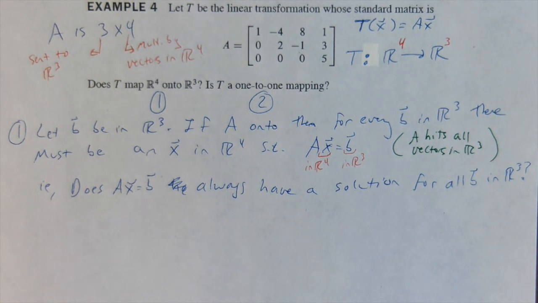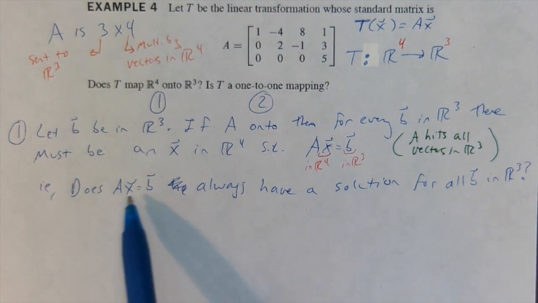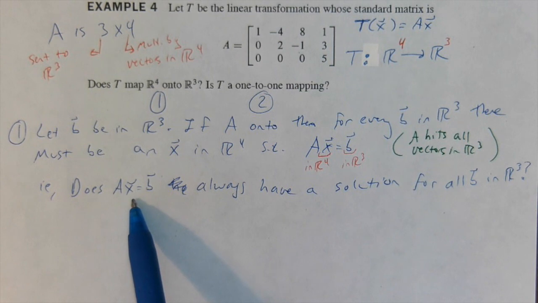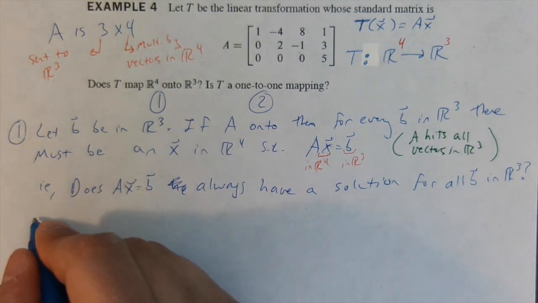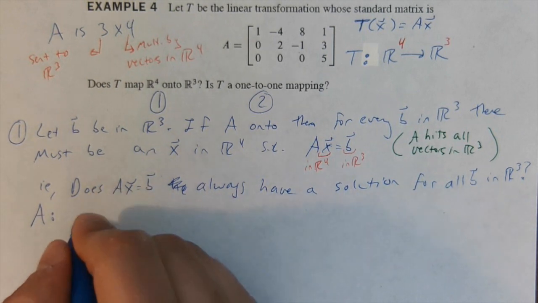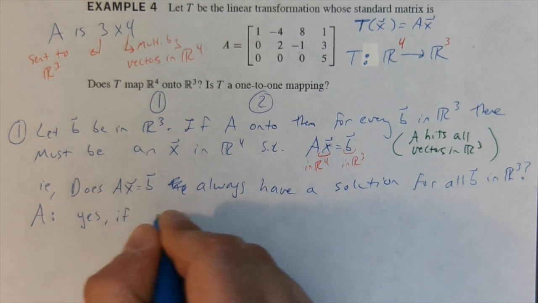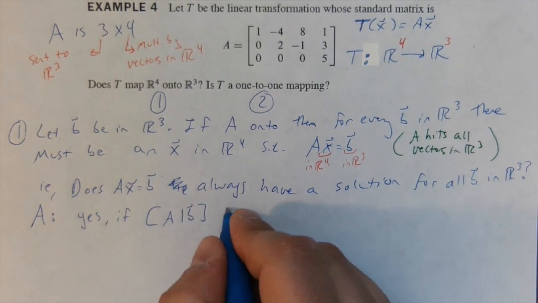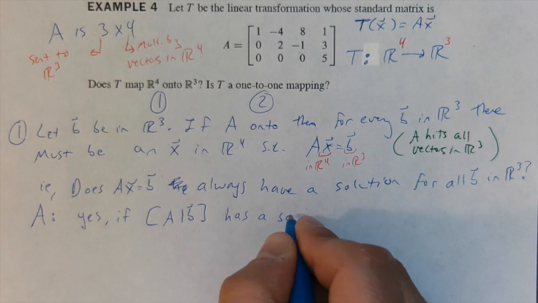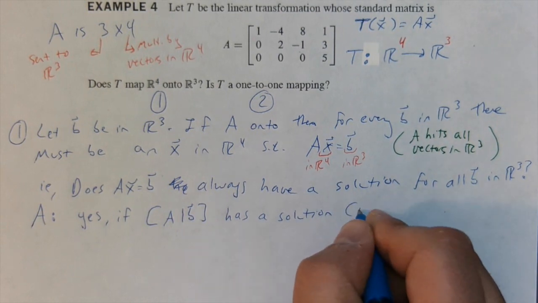If it's onto, the answer is yes. If it's not, then the answer is no. And so we know how to solve equations like this, right? We want to see if Ax = b has a solution. And so the answer is going to be yes if this is always a consistent matrix. And we know this is a consistent matrix if we have a pivot in every row. And so the answer to this question is going to be yes if the matrix [A | b] has a solution, in other words, is consistent.